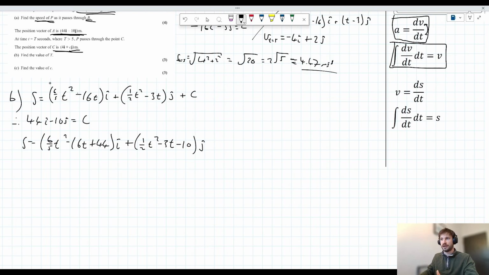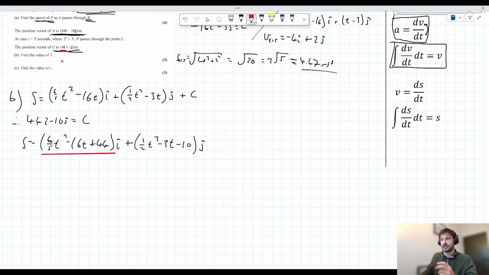So effectively substituting in our capital T, we could say that at the point in time where our particle is passing through point C, this coefficient here is equal to 4.